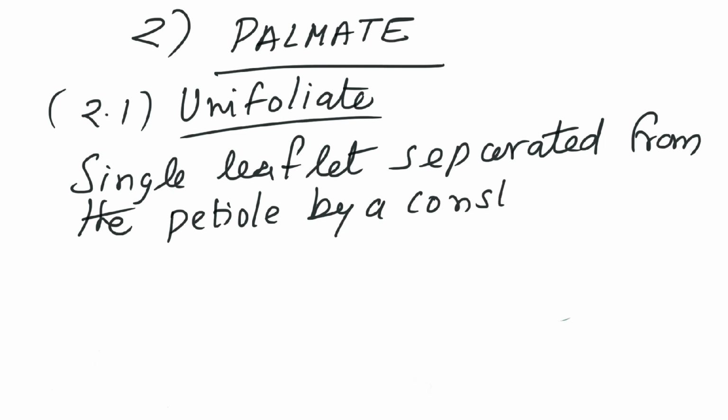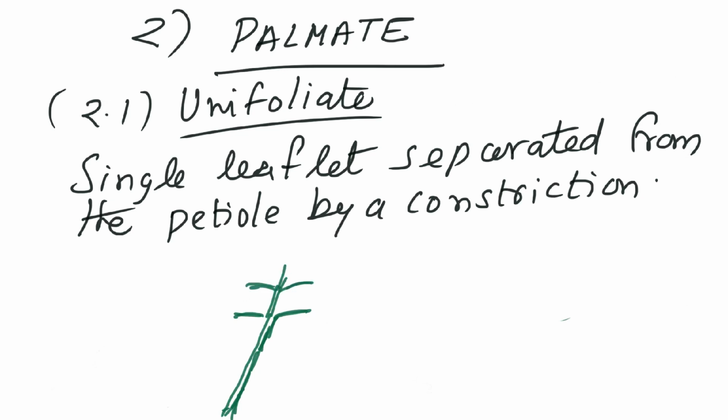Now, unifoliate is a very important case under palmate, because there's a chance that, especially when you see the diagram, you may confuse it for other cases, and you may have a doubt that this is not a palmate case. This looks like a pinnate case, but that's not the case. It's not an example of a pinnate compound leaf. Why?